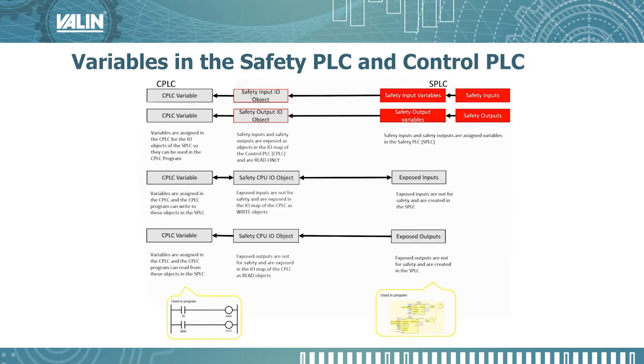Then when we look at the I/O map in the control PLC, there will also be an I/O data object that says it's safety input 0, for instance, or safety input 1, whatever your E-stop is attached to. Then you would create a variable for that object called E-stop. Or you could call it safety PLC E-stop, or whatever you want to call it, it doesn't matter. Whenever the safety PLC E-stop input is activated, you'd be able to see it over in the control PLC on that variable that you created for this object.